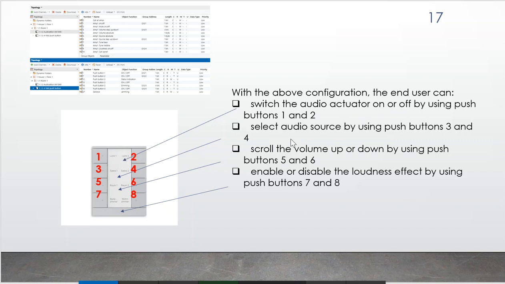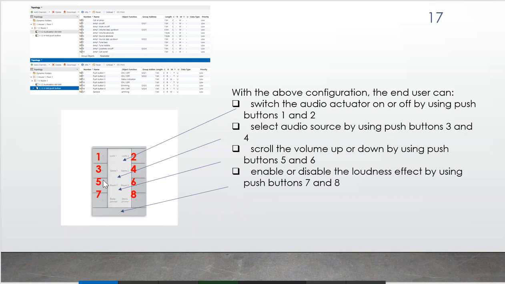We can select the audio source by using push buttons 3 and 4, for example by 1 byte or 1 bit, step by step. Then scroll the volume up down with push buttons 5 and 6, and enable or disable the loudness effect by using push buttons 7 and 8.